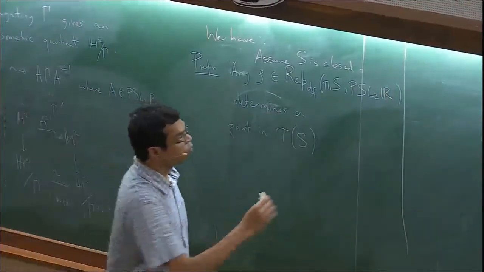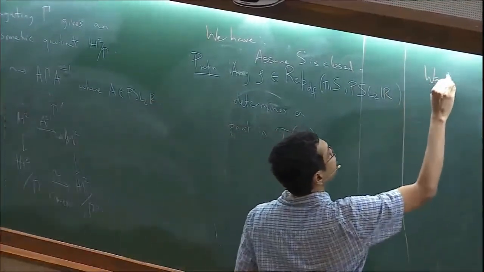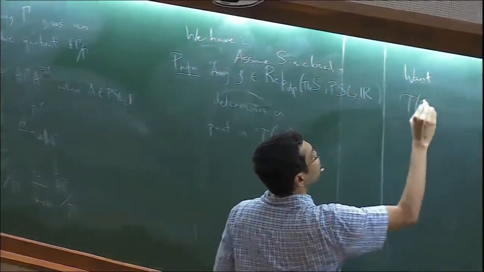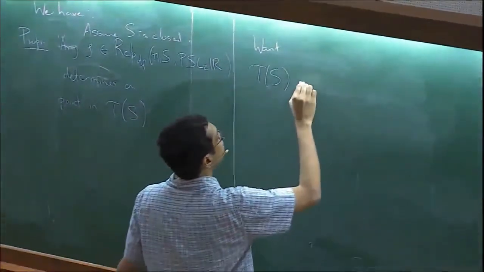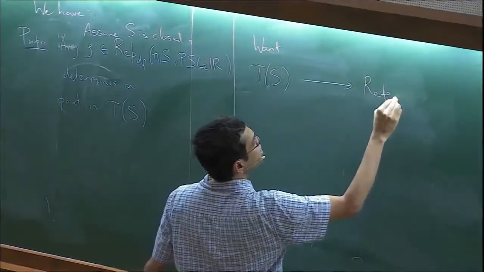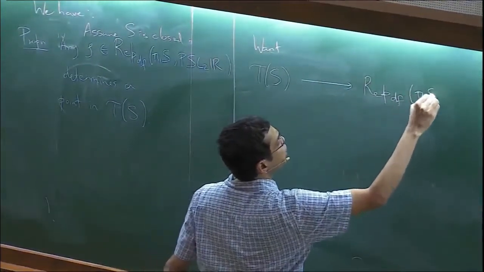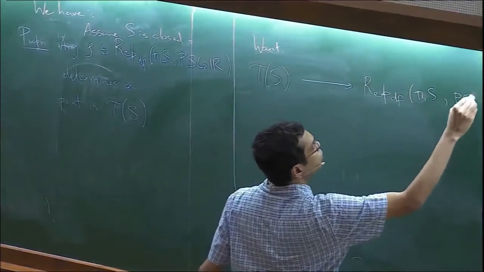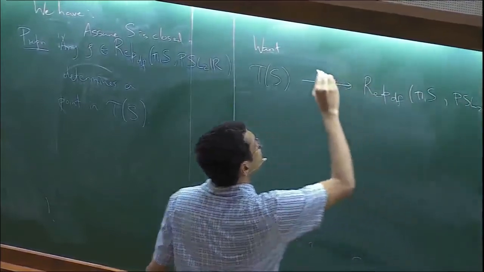Okay, but what we really want is the other way around. I want to tell you, given a point in Teichmuller space, how do you get something which is in the representation variety? In fact, you get something which is discrete and faithful. So what is this map?